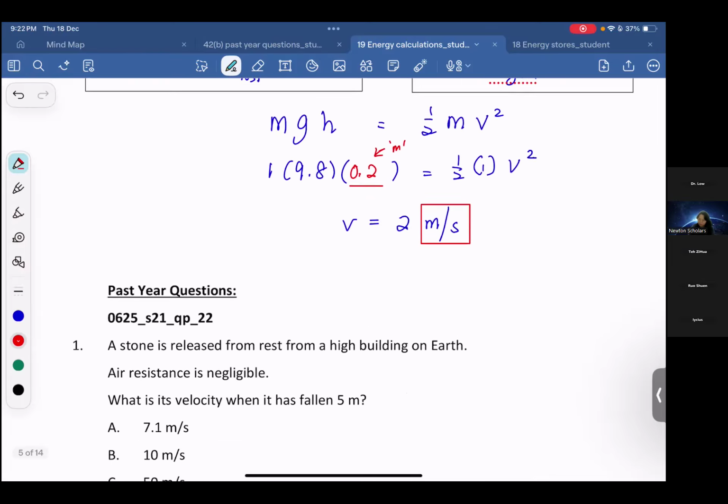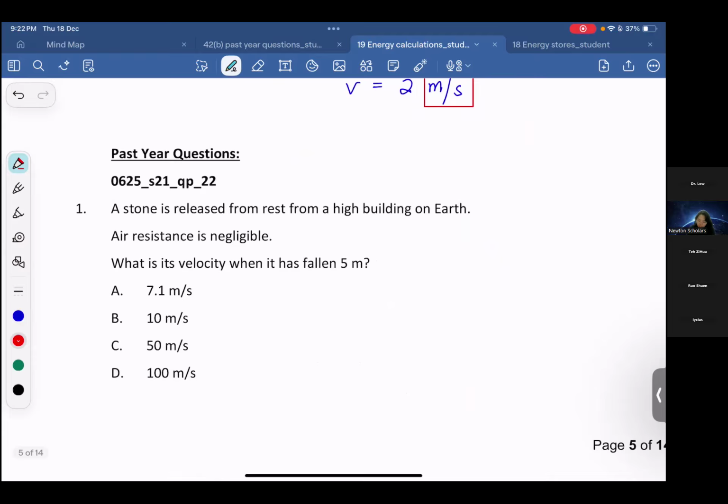Okay, dear. So we try with this past year question, 2021. A stone is released from rest from a high building on the earth. Air resistance is negligible, so no energy loss to the surrounding. What is the velocity v when it has fallen 5 meter? From here to here is 5 meter.